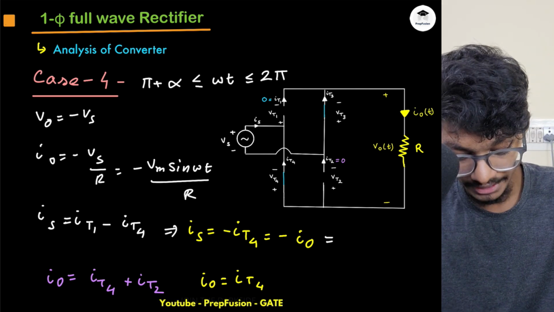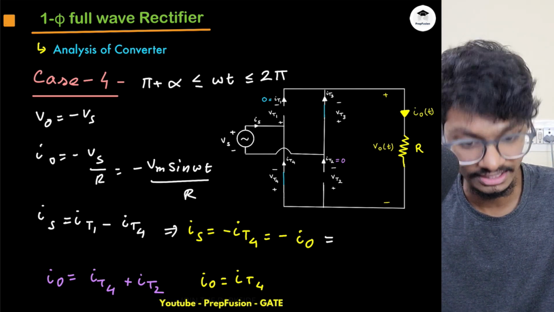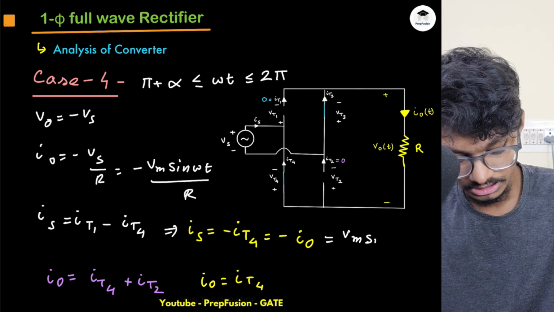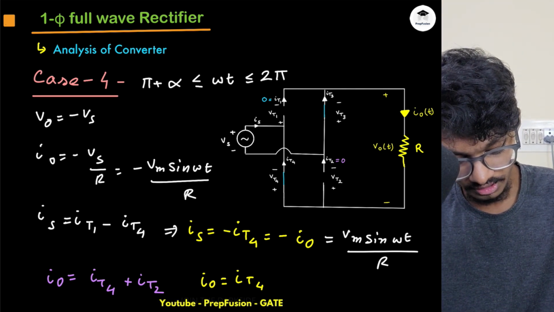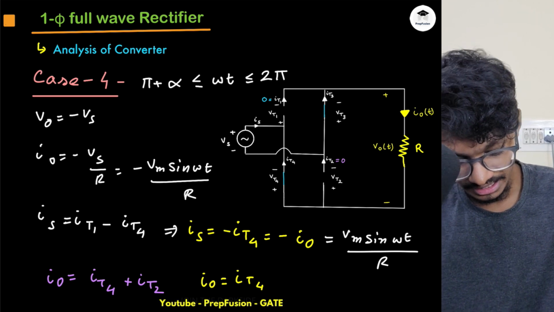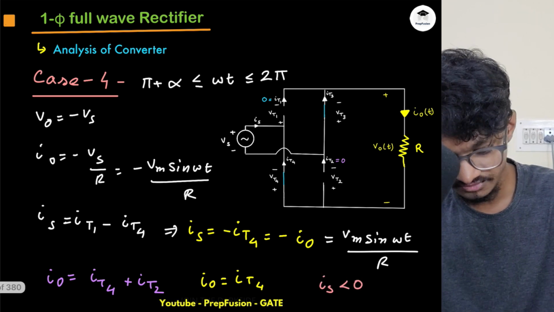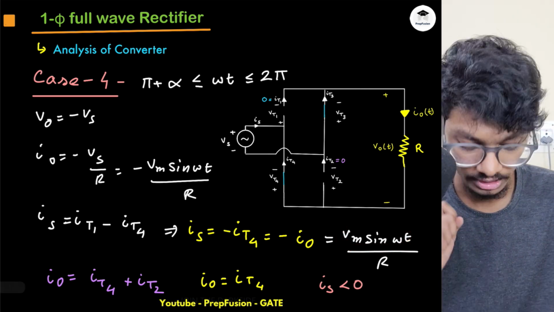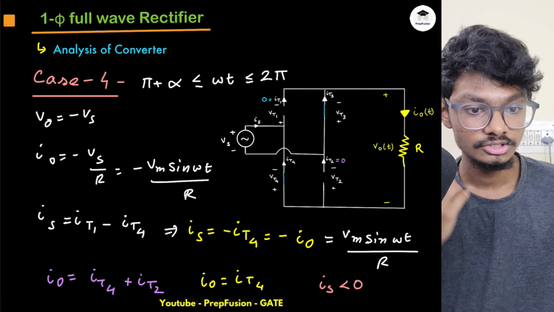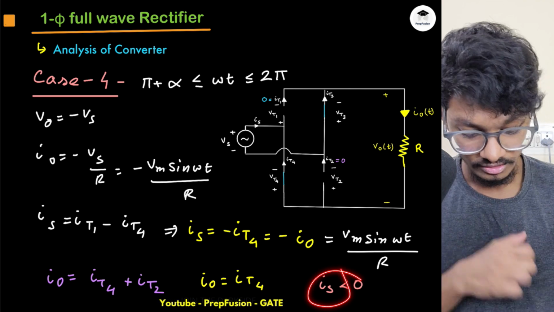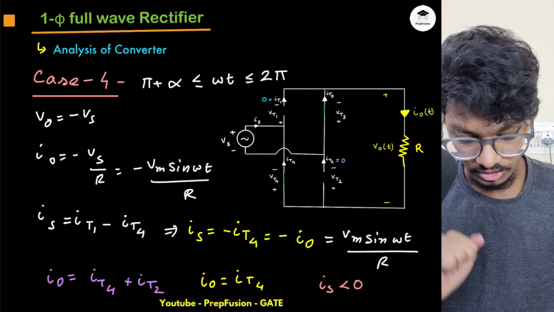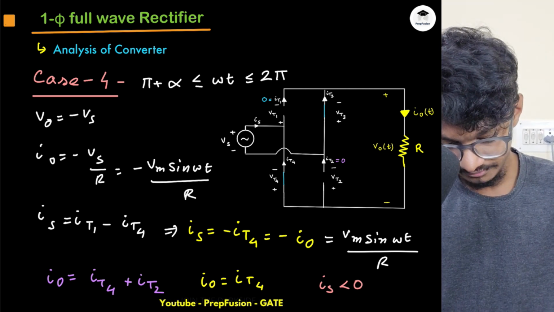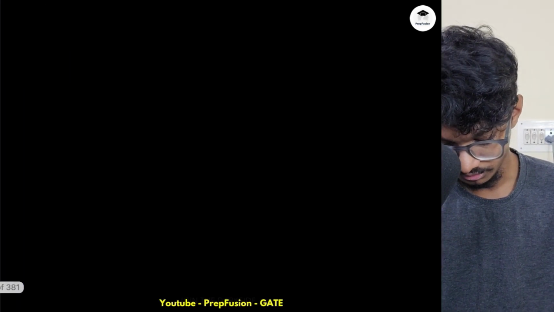IO is minus Vm sine omega t by R. If I do another minus, this will be Vm sine omega t by R. So overall IS is negative because this Vm sine omega t is negative, but IO is positive. So IS is negative, and my VS is also negative. If IS and VS both are negative, what can I say? Just hold on.